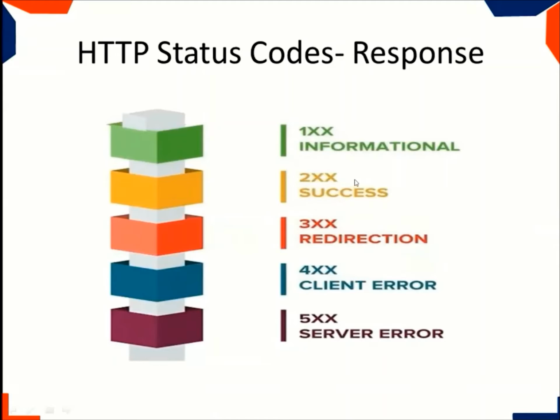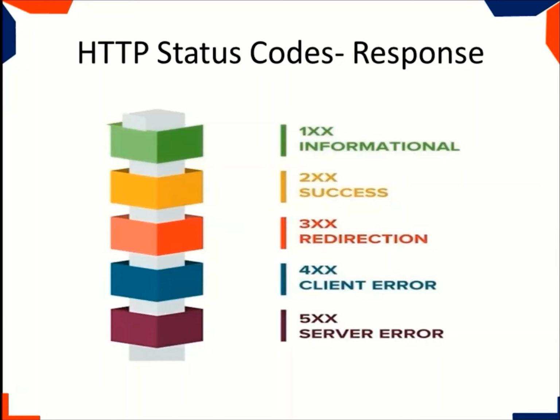Any number that starts with 2 will be the success part, like you have successfully completed. If the response starts with 3, it goes on to redirection. Sometimes you get too many redirections, and then it becomes difficult. So the time factor comes into the picture.